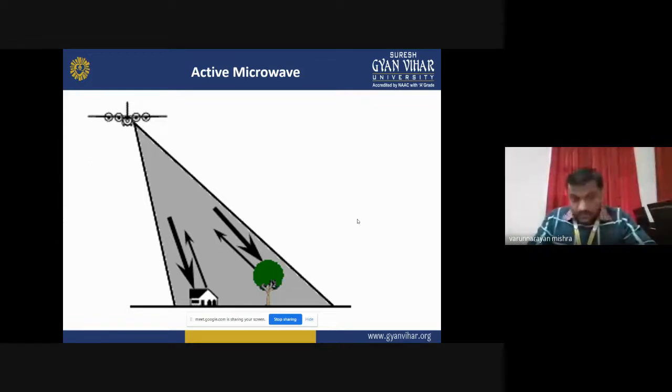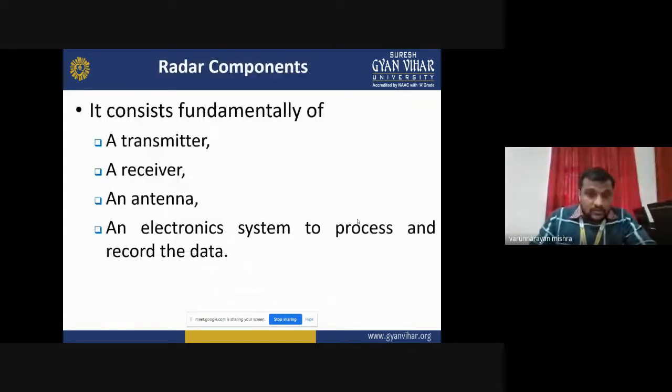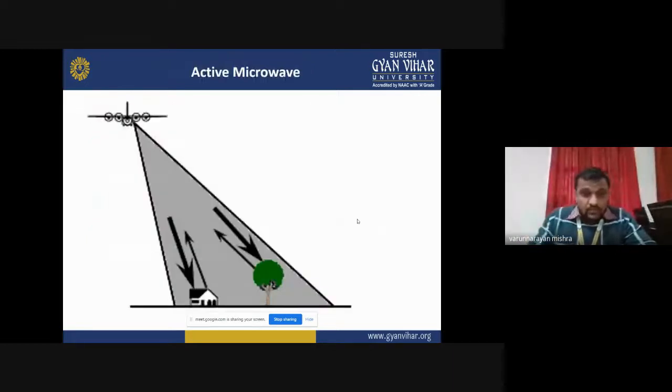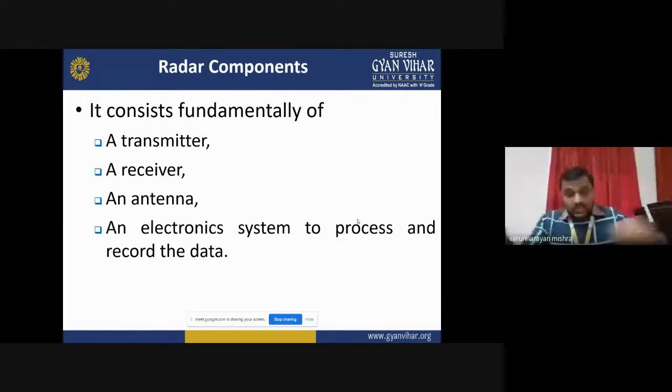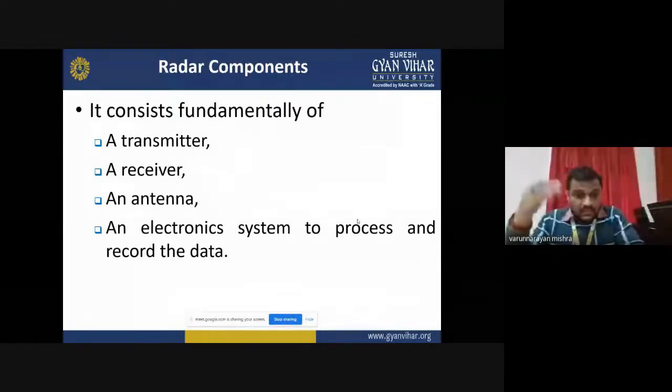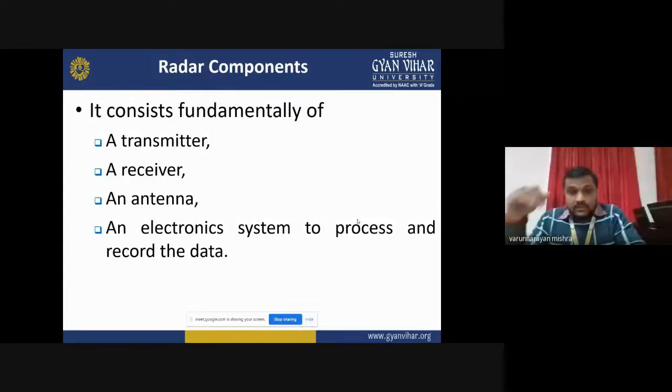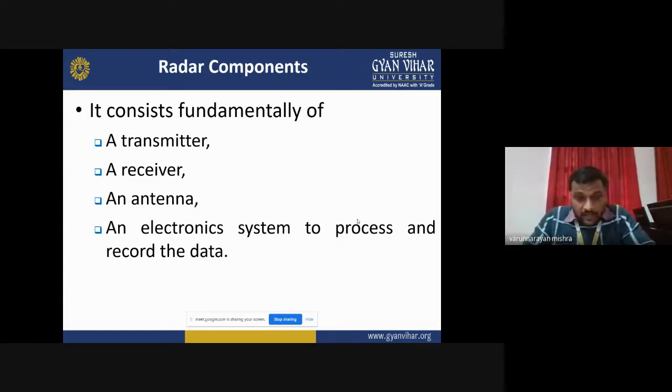Active remote sensing can be done using a radar component. Radar is a kind of instrument, a system that consists of a transmitter. The transmitter is used to transmit pulses or an energy source towards the target. A receiver receives the energy coming from the target on the Earth surface, and an antenna is used to collect the energy coming from the target after the interaction.